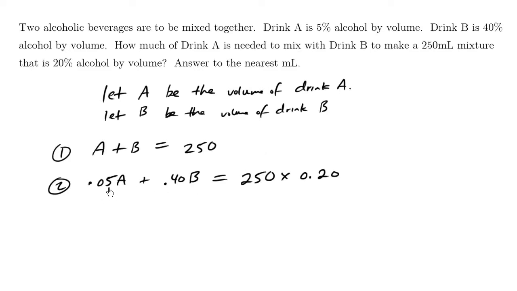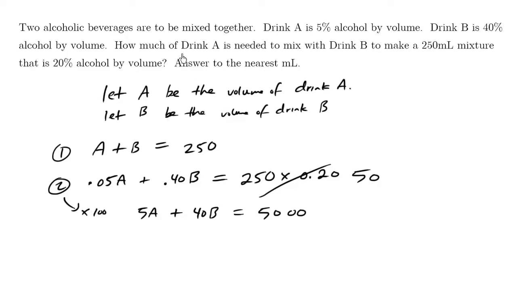I'm going to just multiply equation number 2 by 100. By the way, 250 times 0.20 using your calculator is equal to 50. So I'm going to multiply equation number 2 by 100 to get rid of the decimals here. We get 5A plus 40B equals 50 with 2 extra zeros there, 5,000.